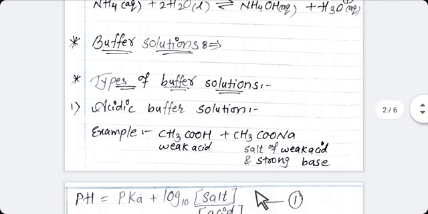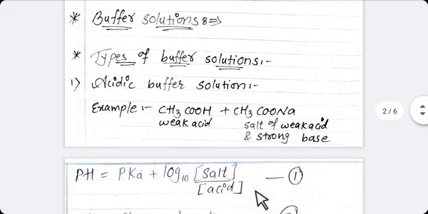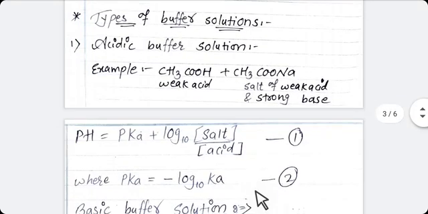The pH of acidic buffer solution is given by the formula pH is equal to pKa, as you already know what Ka is. Ka is the dissociation constant of acid and pKa is nothing but minus log to the base 10 of Ka.